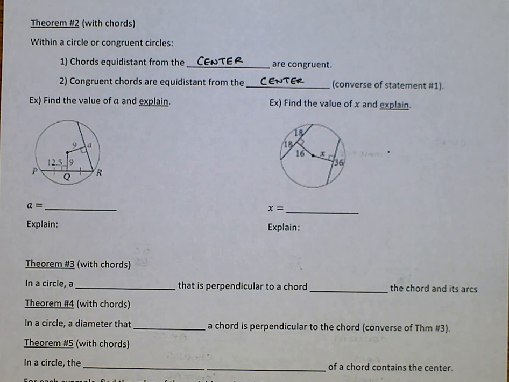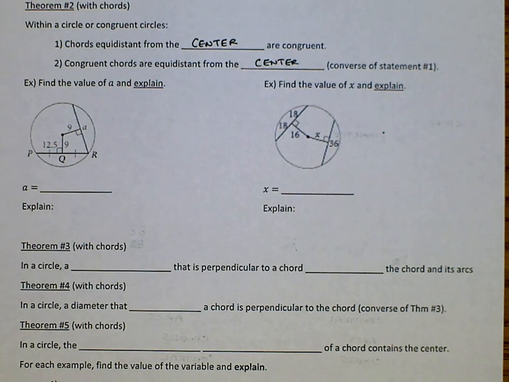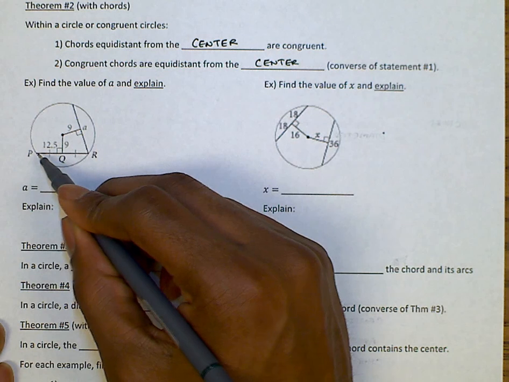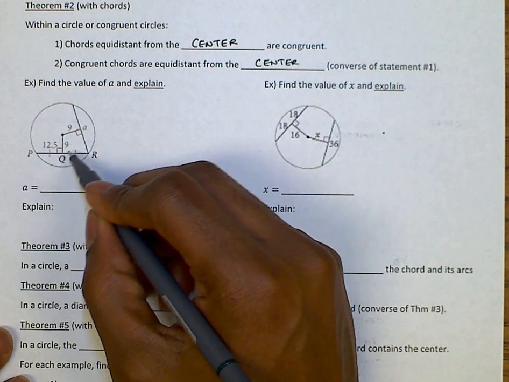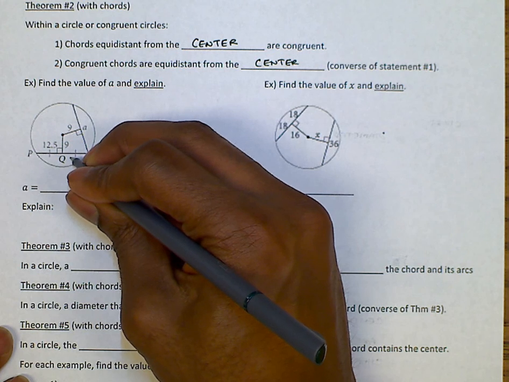Using that information to answer these next couple questions, it says find the value of A and explain. Here we have a diagram where PQ is 12.5, and the dash here means we don't have to think too much about it.